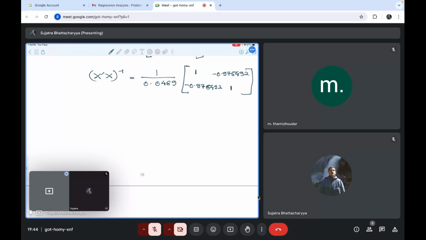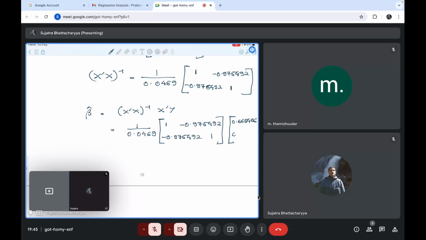This is X prime X inverse. And what is your beta hat therefore, according to the definition, it is X prime X inverse X prime y. Which is 1 upon 0.0469, the same thing, and X prime y, which is 0.665496, 0.583443.